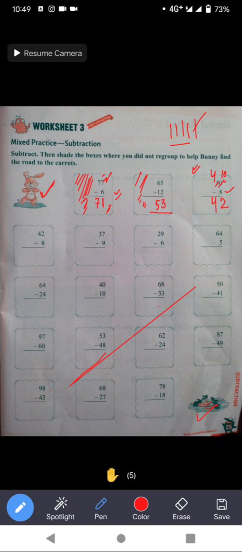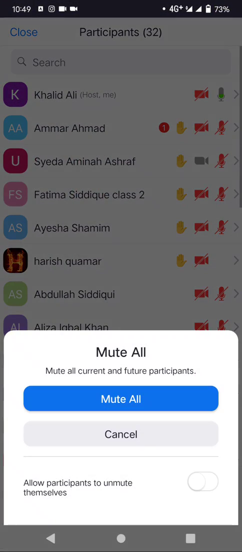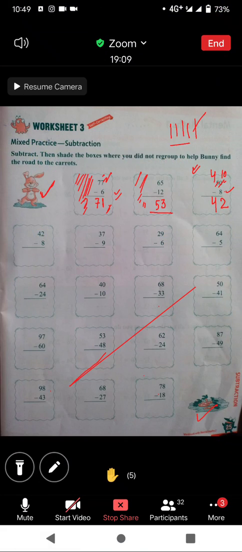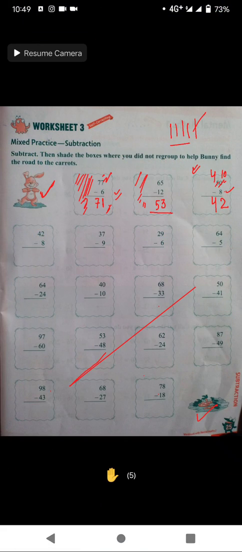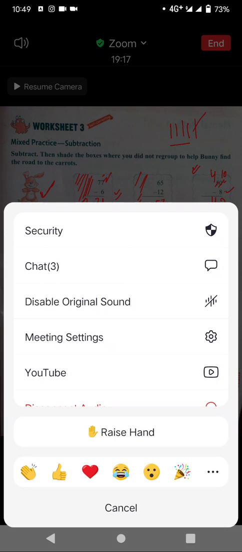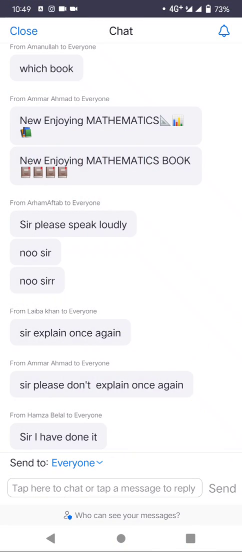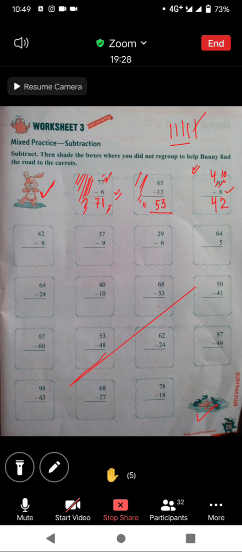Understood? Sir, we have to shade the full column?